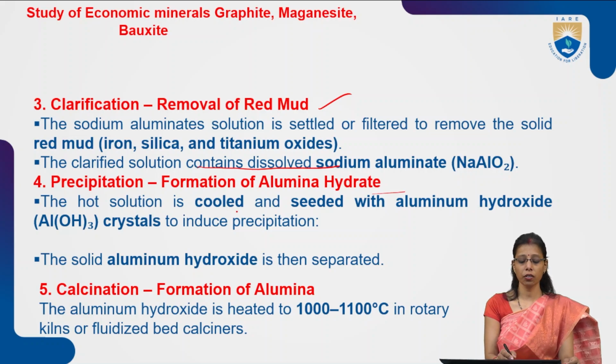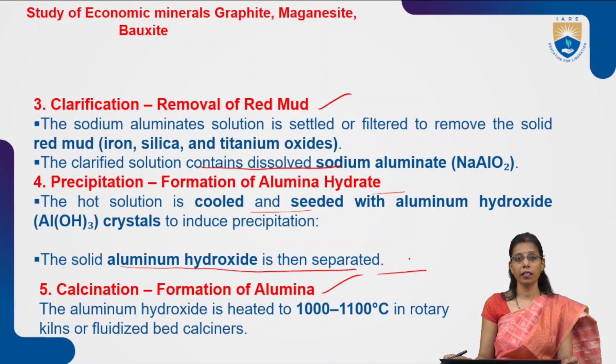The hot solution is cooled and seeded with aluminium hydroxide crystals to induce precipitation, and the solid aluminium hydroxide is then separated. The fifth step is calcination, the formation of alumina. Aluminium hydroxide is heated to 1000 to 1100 degrees Celsius in rotary kilns or fluidized bed calciners.